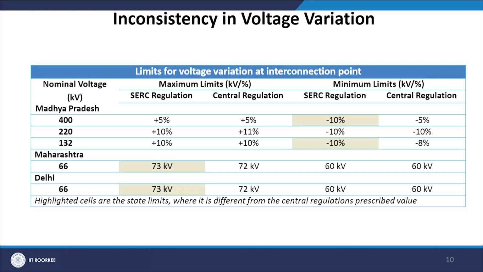Now, depending upon the different geographical regions, even within India, different states do define different acceptable voltage variation ranges. So, there does exist an inconsistency in voltage variations acceptable across different geographies of the nation. For example, if you look at Madhya Pradesh, Maharashtra and Delhi, the ranges are given at different percentages.